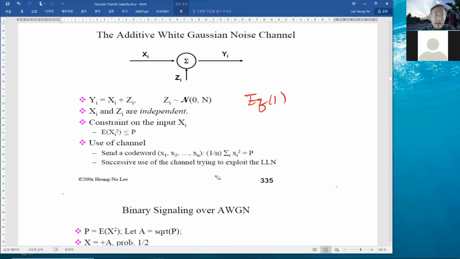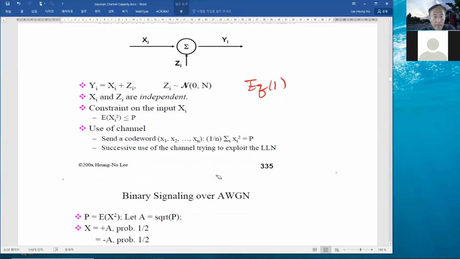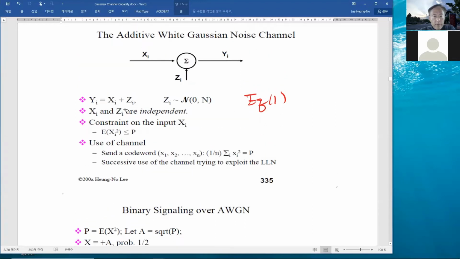So that's the Gaussian noise channel, and I will refer to this as equation number 1.